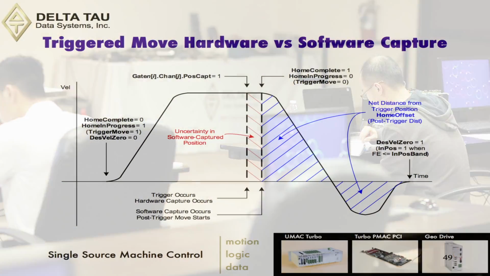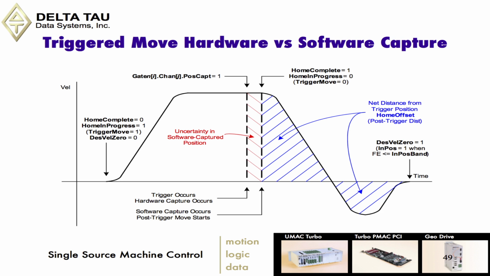So we can see here, we start a home move in progress. Home complete starts at 0. The home move in progress bit will go to 1. It's in a triggered move, so it will set the triggered move bit to 1. And desired velocity 0 will no longer be true, so it will be set to 0.